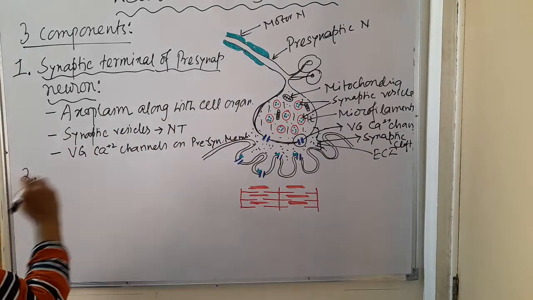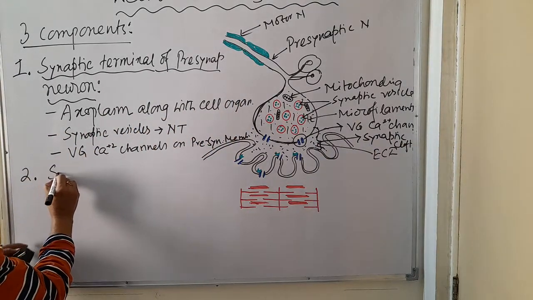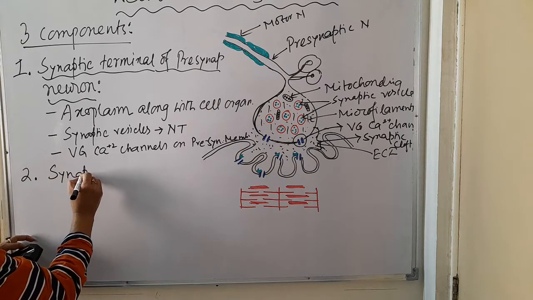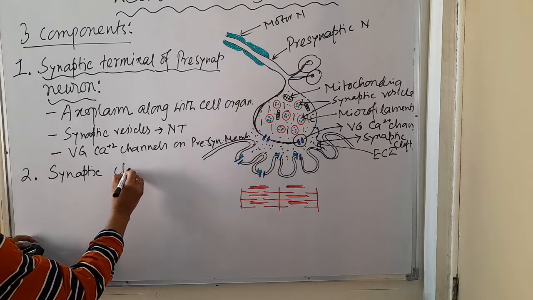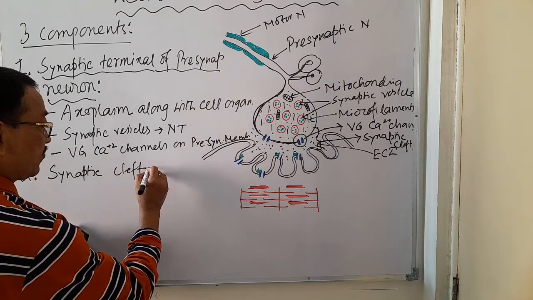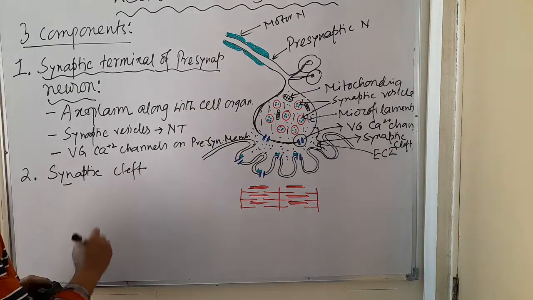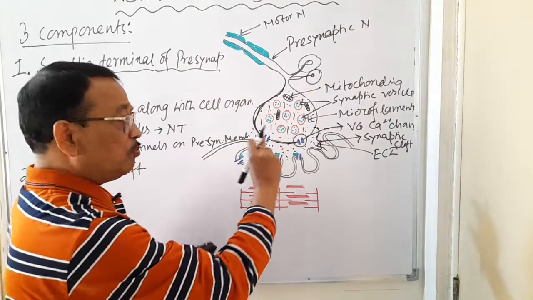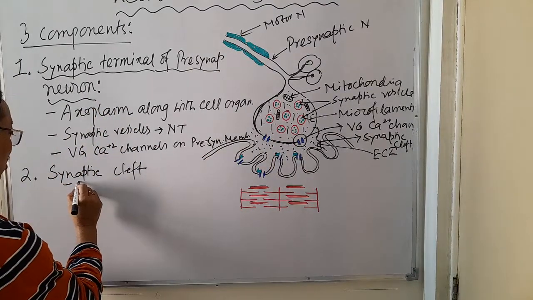So the second component of this neuromuscular junction is the synaptic cleft, and this gap basically contains the extracellular fluids.